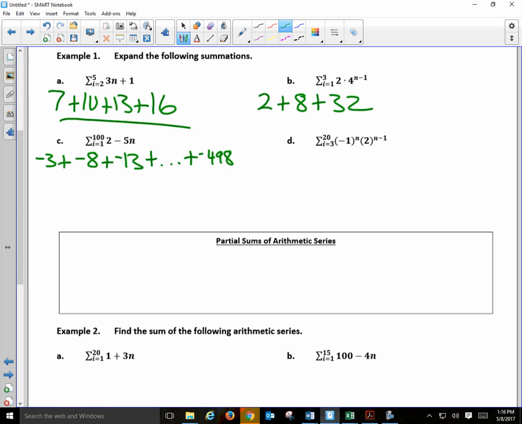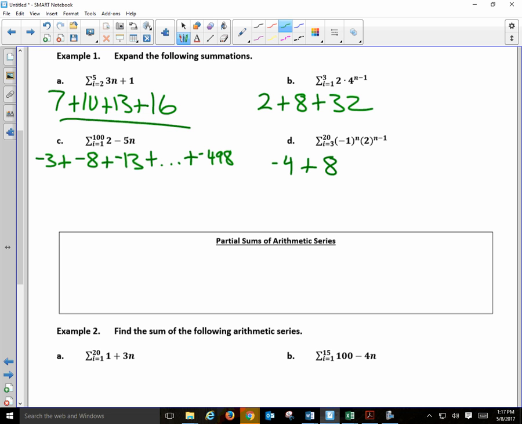For D, I plug in 3. As you plug in 3, 3 minus 1 is 2, so 4, and then negative 1 to the third is negative 1, so we get negative 4. What do I plug in next? 4. And 2 to the third is 8. Positive 8.